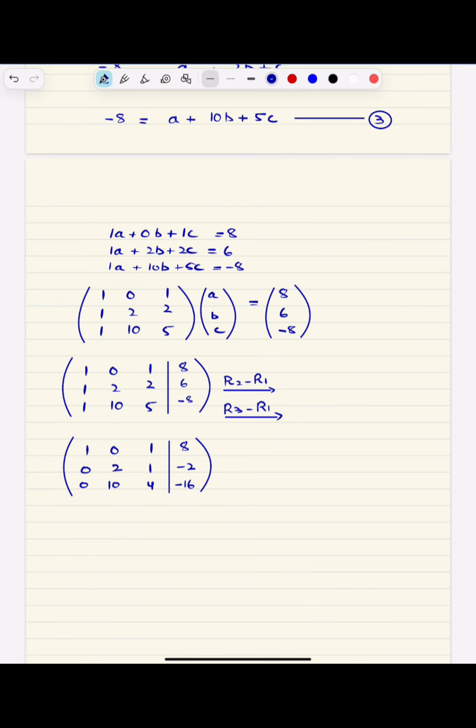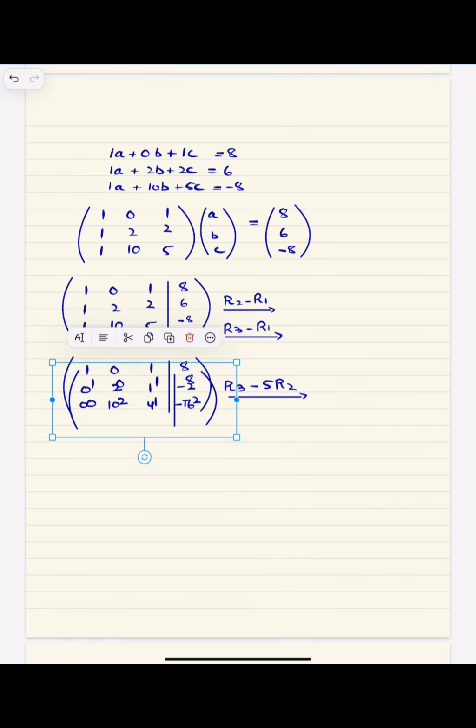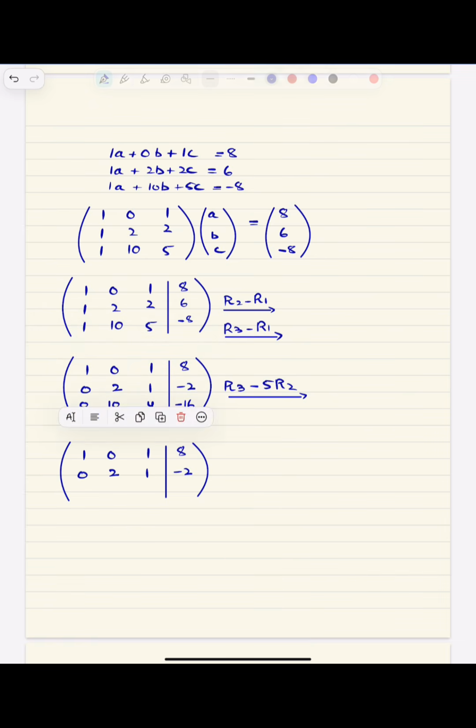Okay, now I want to make this into a 0. So I have to impact row 3 using row 2, remember. So I'll have row 3 minus 5 times row 2, because I know 5 2s are 10. Row 3 is being impacted, the rest will remain the same.